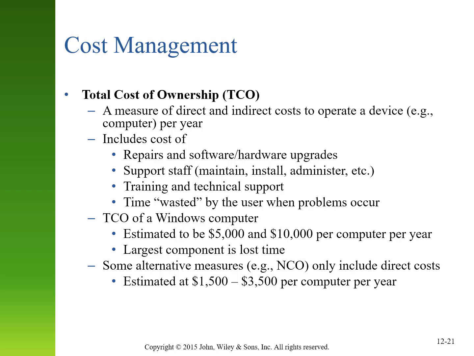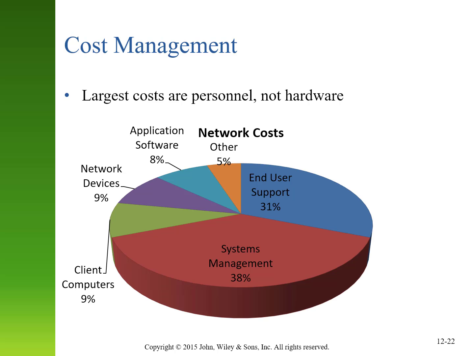Anything we can do to reduce this by simplifying the kinds of software we use, using common hardware for different users throughout our network, and keeping things as uniform as possible could dramatically reduce the overall cost of operating a network.